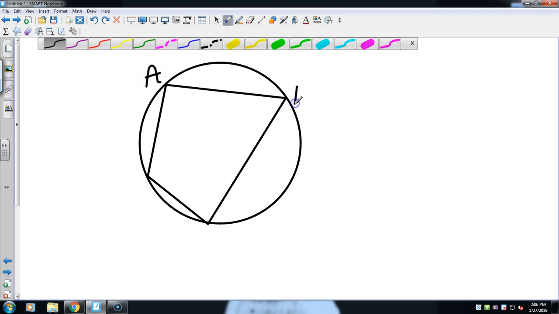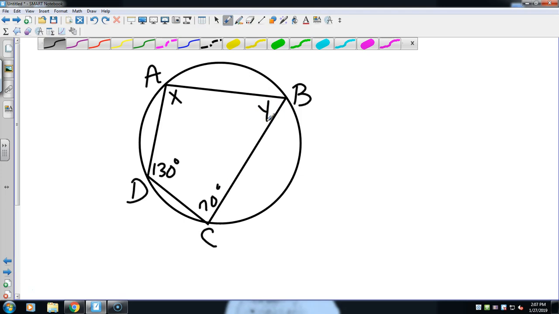Call that A, we'll go clockwise, B, C, D. And let's say this was 70, and this is X, and this is, let's call this 130. Give me degrees on that one as well, and this is Y.